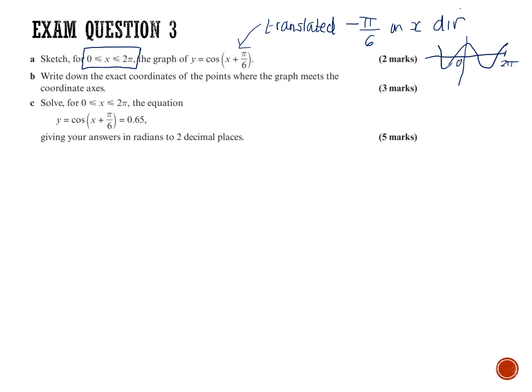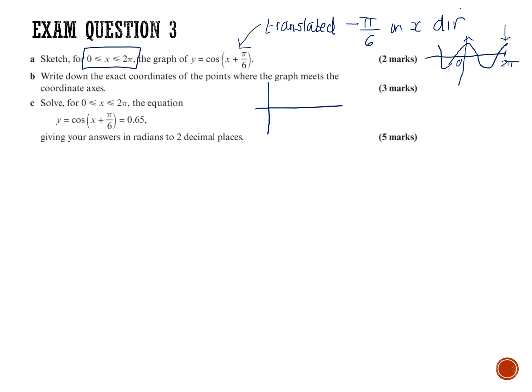So when I've shifted it to the left by pi by 6, it means it's going to start on the y-axis a bit further along this curve bit here, and this peak here is going to turn and go over the other side a little bit. So when I'm drawing it, I'm just going to draw it here to make sure I've got enough room for the rest of my question.